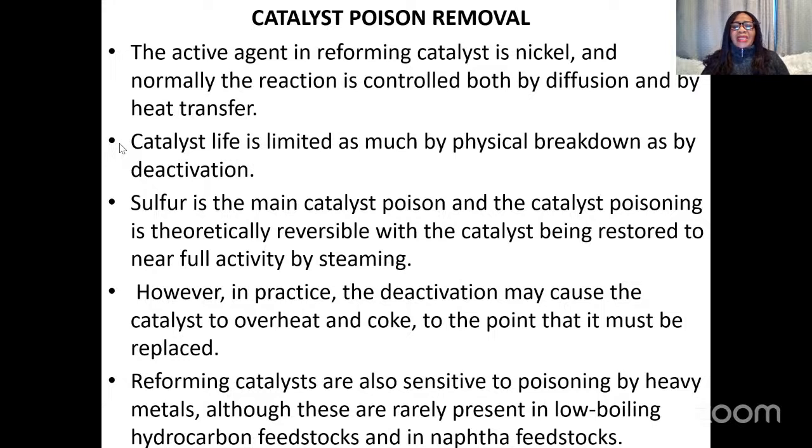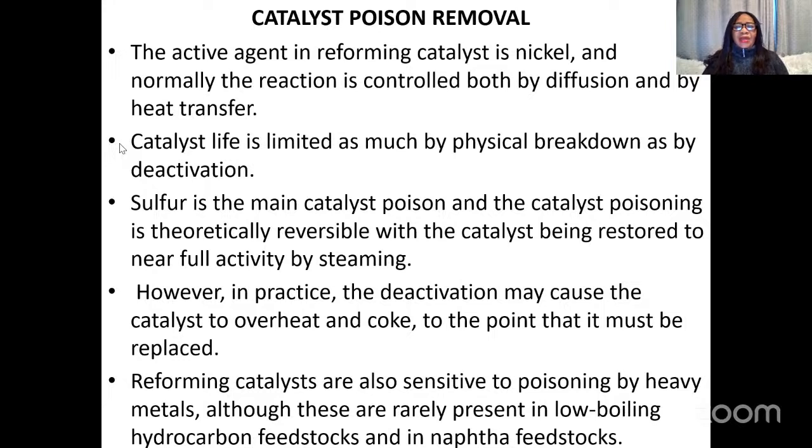Sulfur is the main catalyst poison, and the catalyst poisoning is temporary. It can be reversed, with the catalyst being restored to near full activity by steaming. Of course, by steaming it, you will remove the carbon and leave the catalyst free. So in practice, the reactivation may cause the catalyst to overheat and coke to the point that it must be replaced.